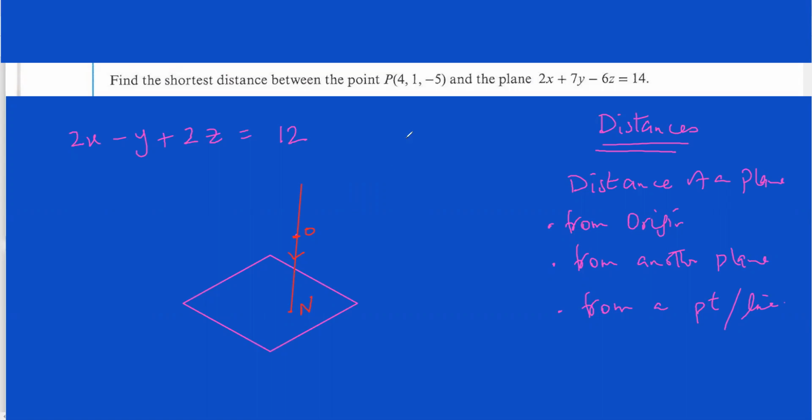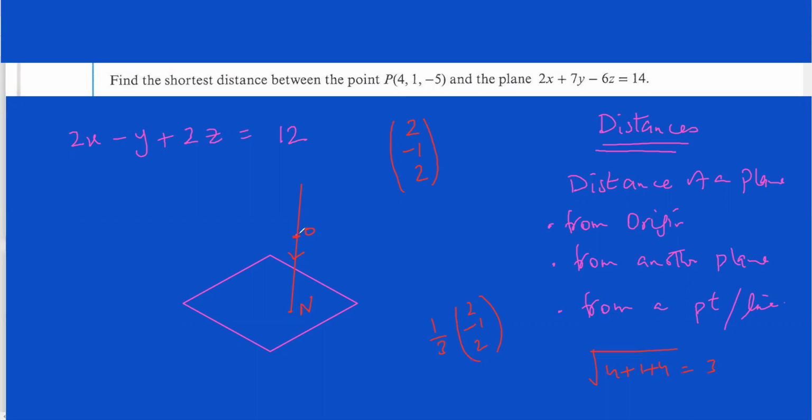Right now this normal is 2, minus 1, 2. You must have its unit vector. If you find its magnitude, this is 4 plus 1 plus 4, that is going to be 3. So 1 over 3 times (2, minus 1, 2) is the unit vector parallel to this normal.